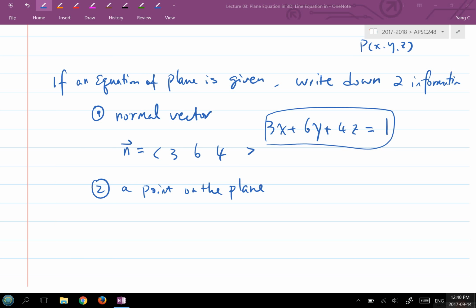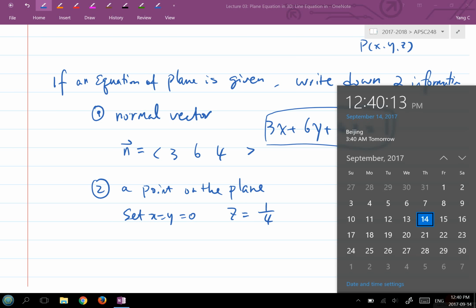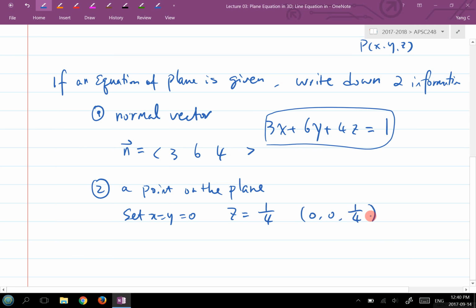So here, for example, you can set x equal to y equal to 0, and you get z equal to 1 over 4. So basically, you have a point here which is (0, 0, 1/4). So that's one way to find a point on the plane.